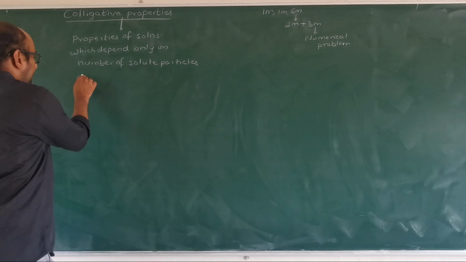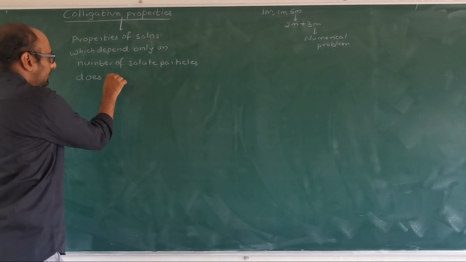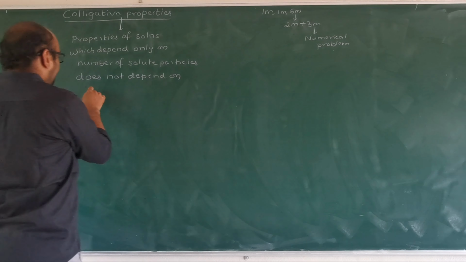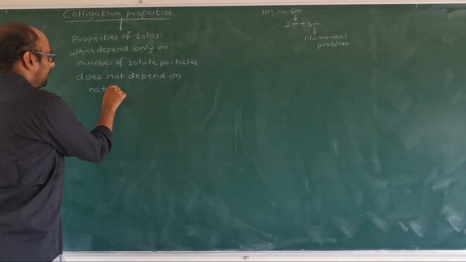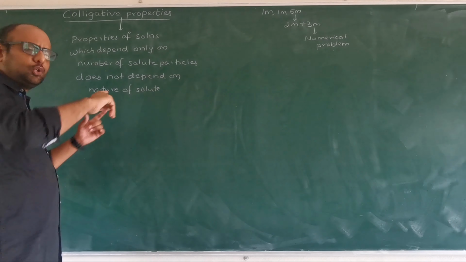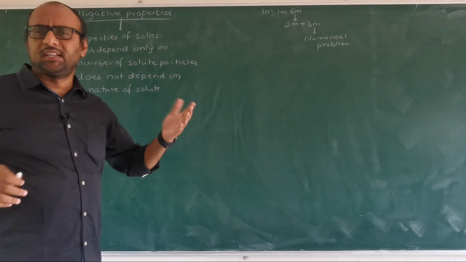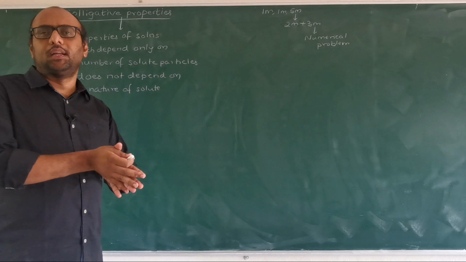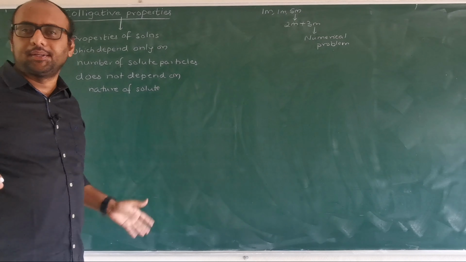It does not depend on the nature of solute. Whether the solute is solid, liquid, gas, it does not matter. Whether the solute is volatile, non-volatile, it does not matter.